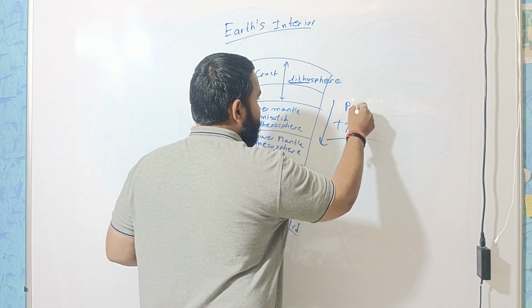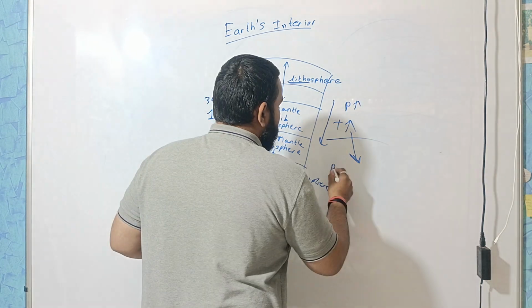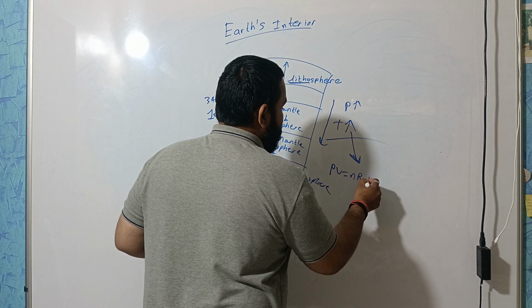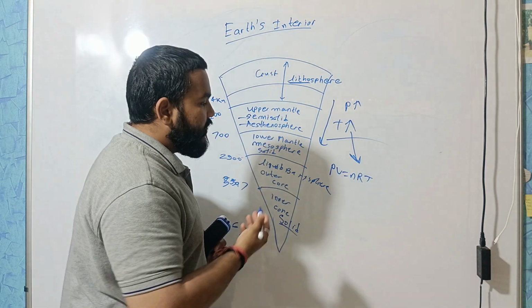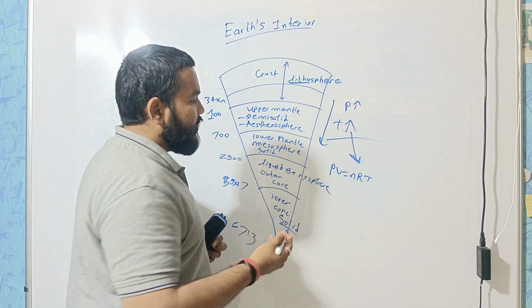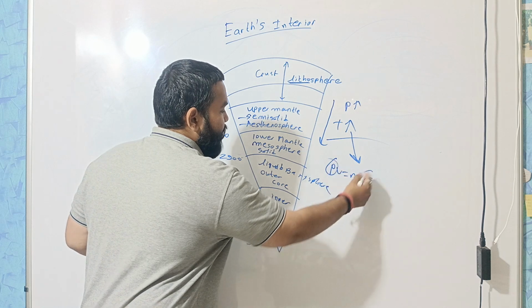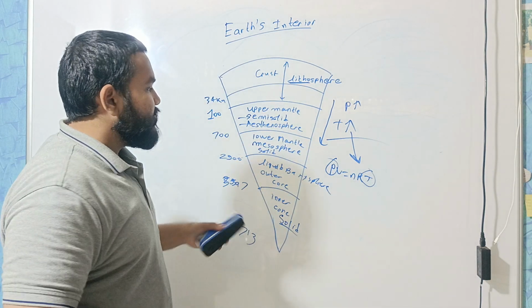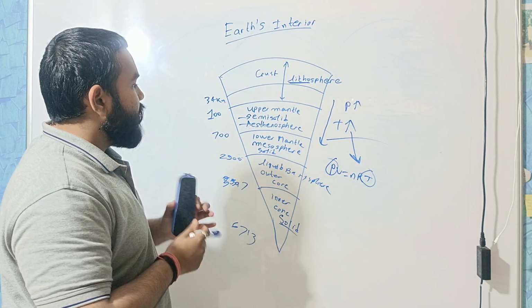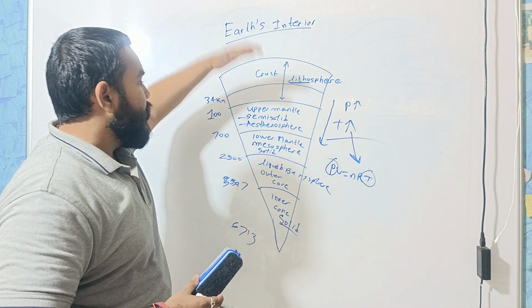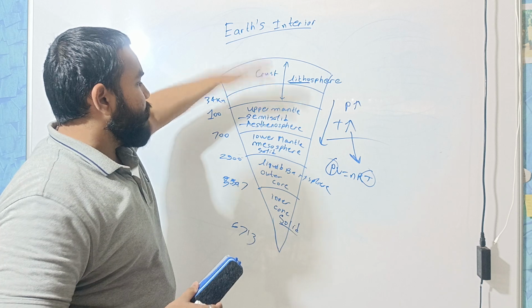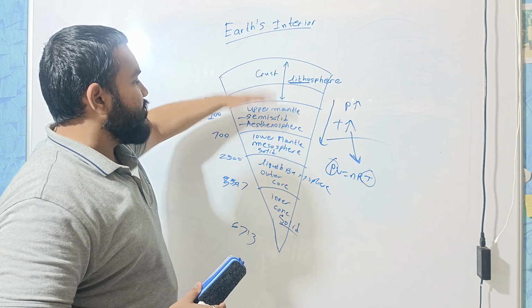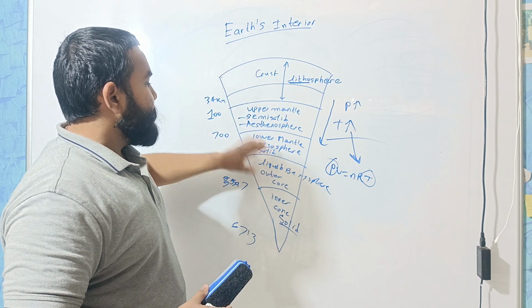And also pressure will increase, because we know PV is equal to nRT. In our 11th and 12th standard we learned about this. PV is equal to nRT. As pressure increases, temperature also increases. So if we go down, pressure increases because of the molecular structure and all the stuff, going layer by layer.